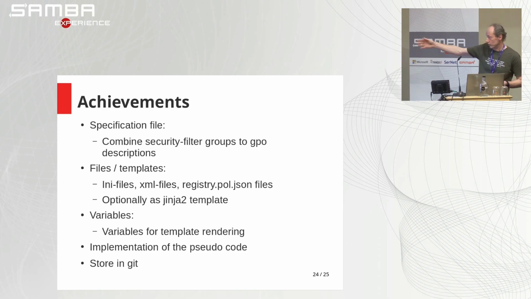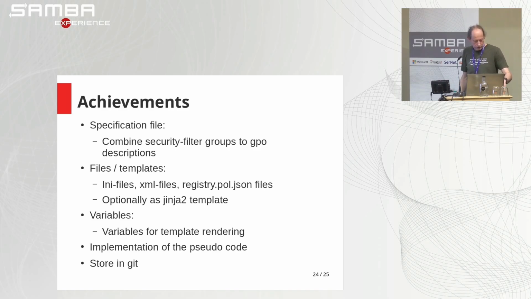And if we insert variables and we use Jinja, for example, then we can make them domain independent. And if we implement the pseudocode on the previous slide, we have the whole thing to generate this, and you can store all that in Git.